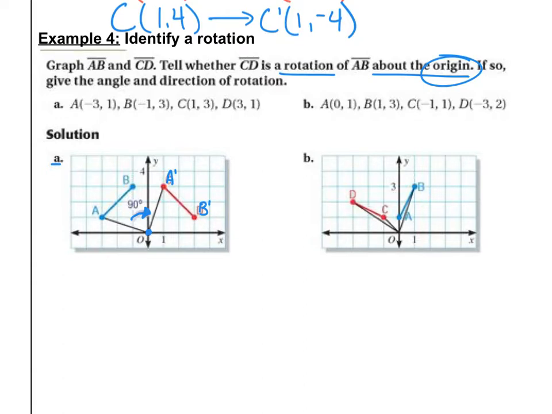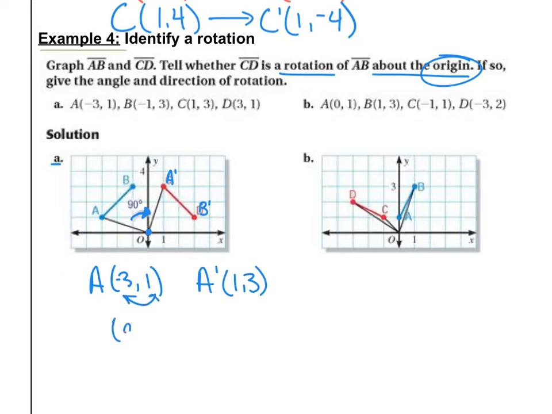So one thing I want to point out is that A is at -3, comma 1, and then A prime is at 1, comma 3. So one thing, when we're rotating 90 degrees, these points are going to flip-flop.